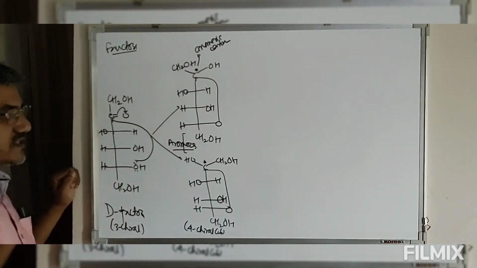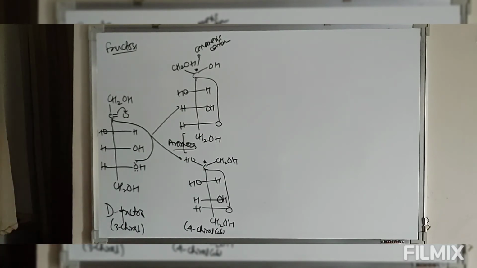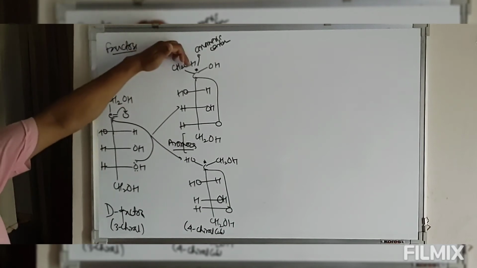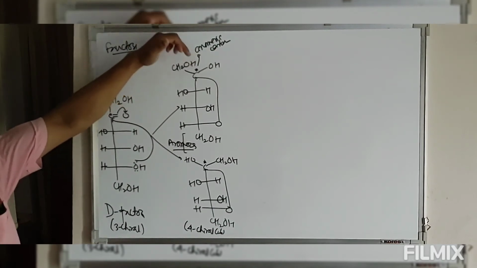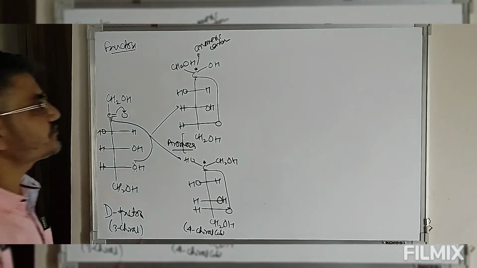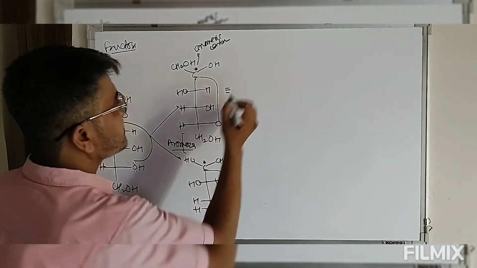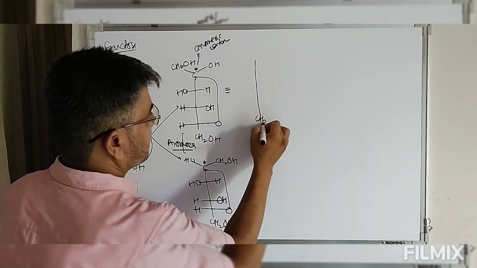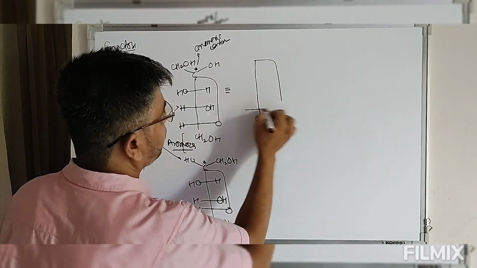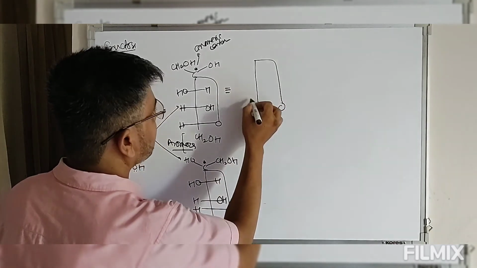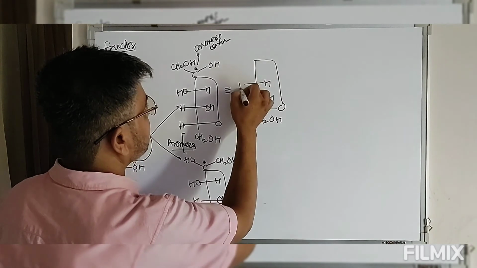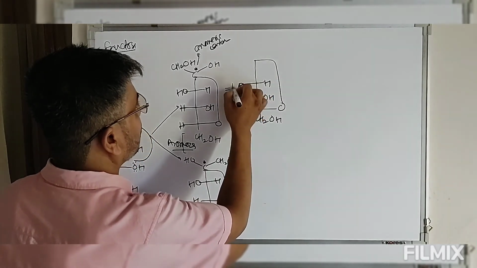So similar to glucose, fructose also exists in 2 anomeric forms. The newly developed chiral center is known as the anomeric carbon, and it is this carbon in which the configuration is different. So this can be written as CH2OH, we have O, the CO bond, H, OH, H, H, OH.